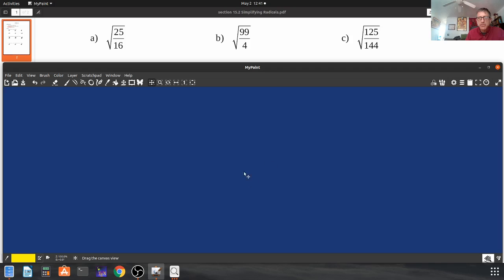And let's do number C. The square root of 125 divided by the square root of 144. So again, the first thing we use is the quotient rule.